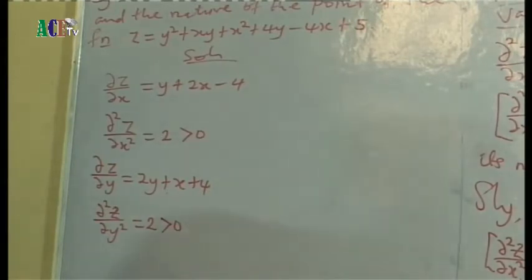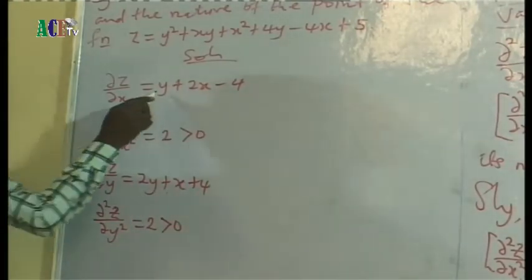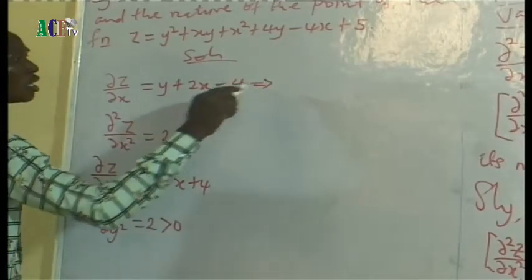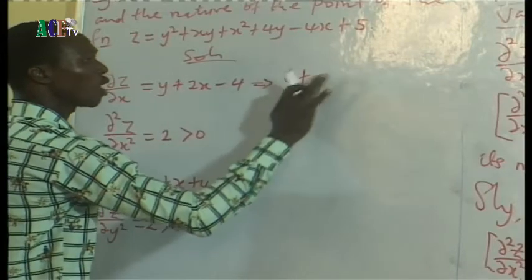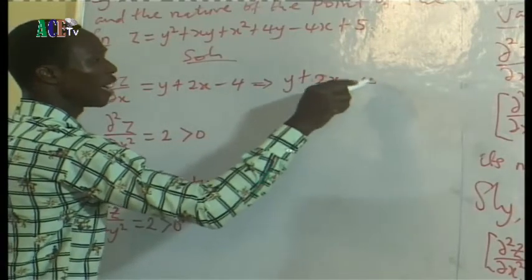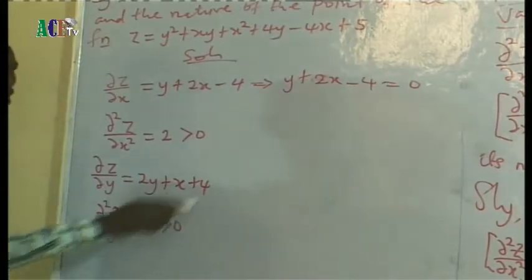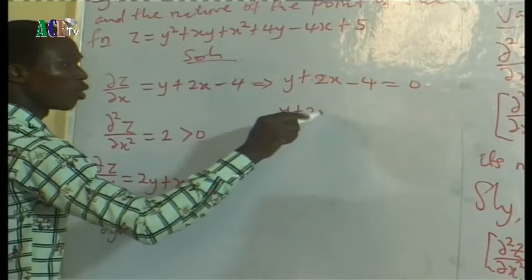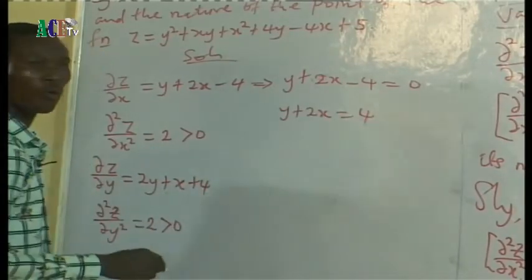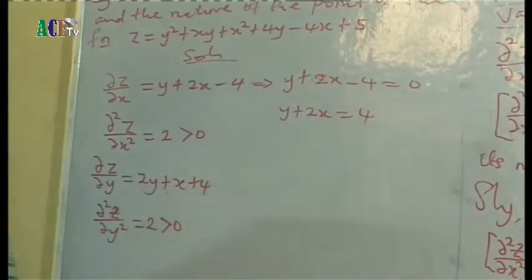Don't forget, if I want to get my stationary point, I have to equate this one to 0. This implies y plus 2x minus 4 is equal to 0, which will give me y plus 2x is equal to 4. Let me make y the subject of the formula.